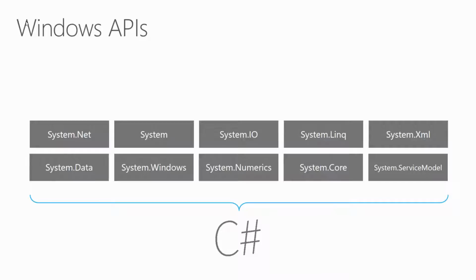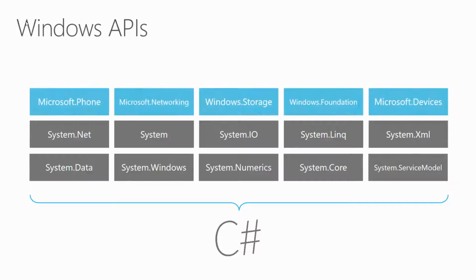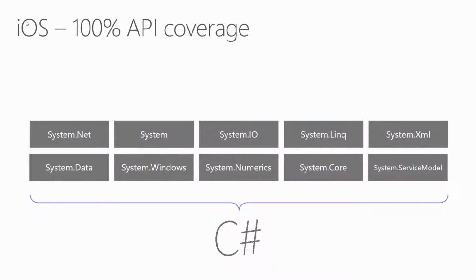And when I wanted to go to a specific platform, I downloaded an SDK and boom, I got platform-specific APIs that I could play around with. Think of it exactly the same with iOS and Android when you're using Xamarin. You get all that .NET goodness on the bottom that we brought over running on the Mono runtime, which is a super optimized .NET runtime for iOS and Android.